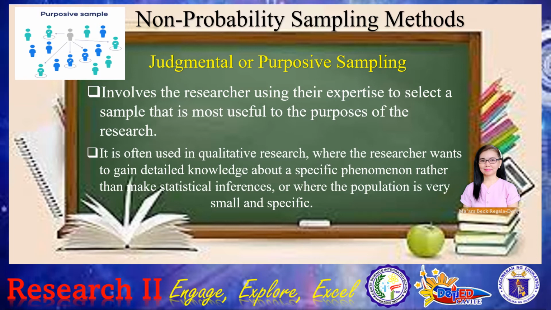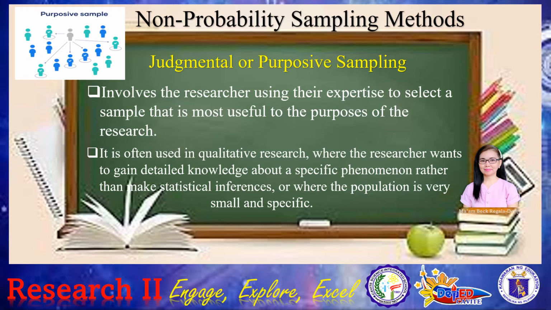So, anong dapat tandaan sa judgmental or purposive sampling? The sample must jive with the purpose. So, yung mga pipiliin na individuals para maging part ng sample ay dapat sila yung talagang expert doon sa topic based on your purpose of your research.